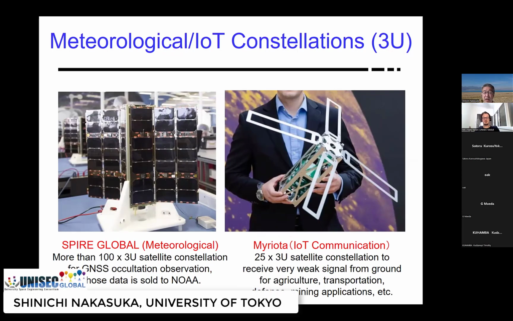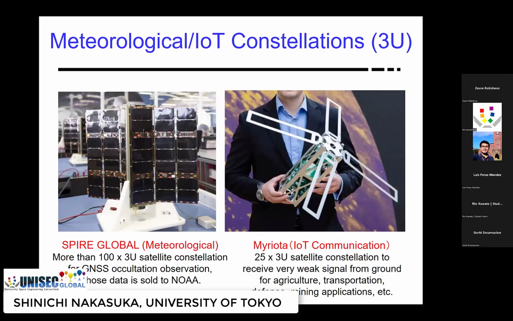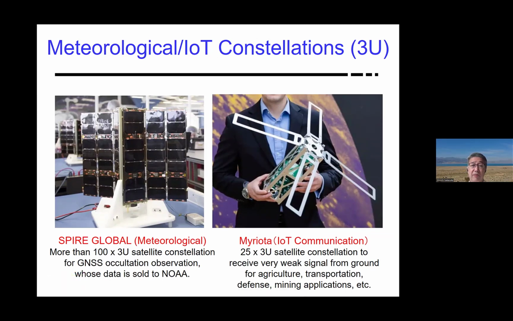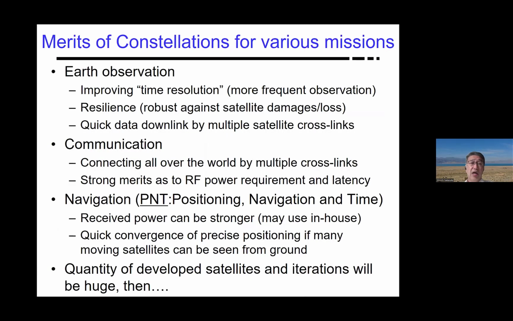And Meteota is targeting more than 25 3U satellites to receive very weak signals from the ground. That is a kind of IoT communication application, which can be used for agriculture, transportation, defense, mining, and so on. So now I'd like to summarize the merits of the constellation for the various missions.